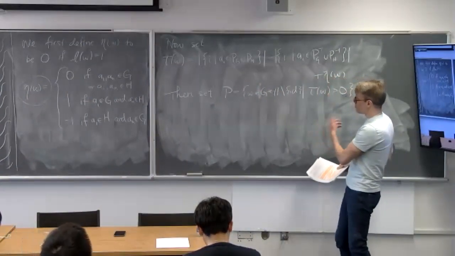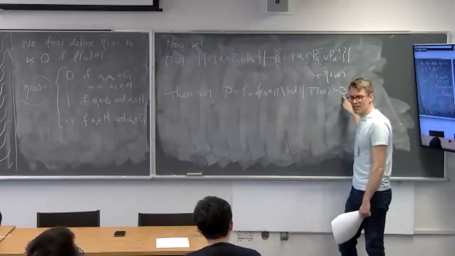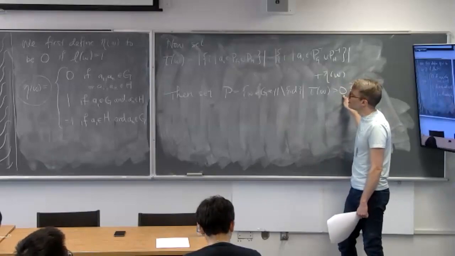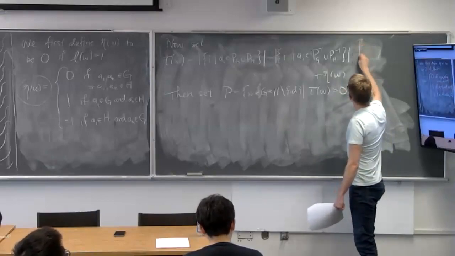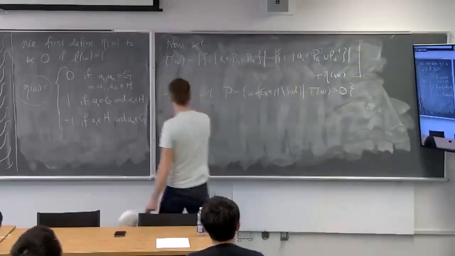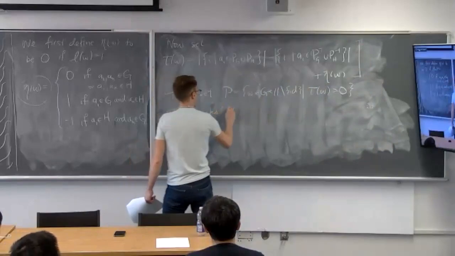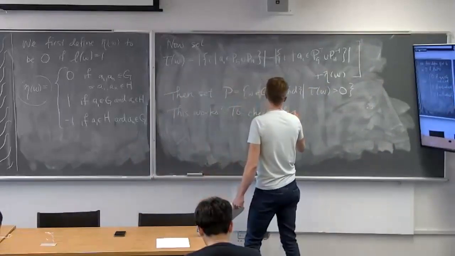So how would you check this? Well, first you have to be sure that nothing's mapping to 0, so that everything gets assigned a sign. And the way that you do that is you can check case by case that this is always odd. So I'll just say this works. To check, first find it's always odd, right?